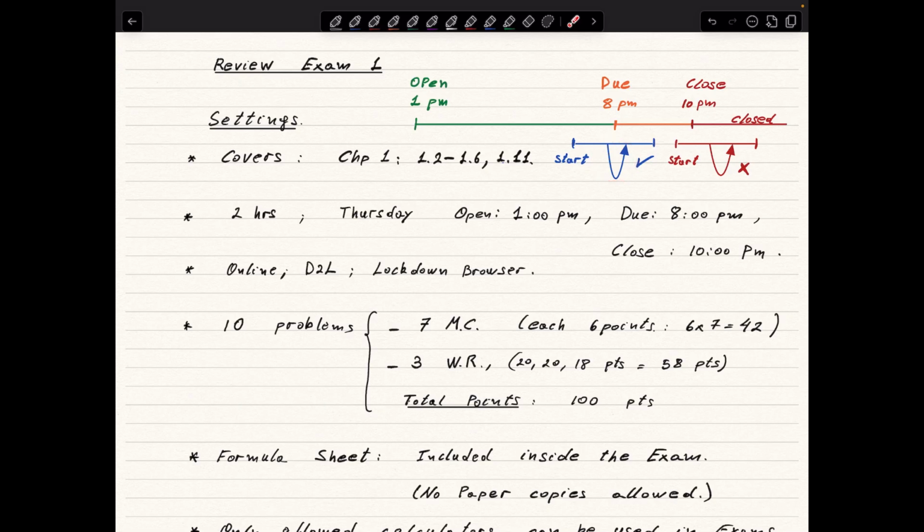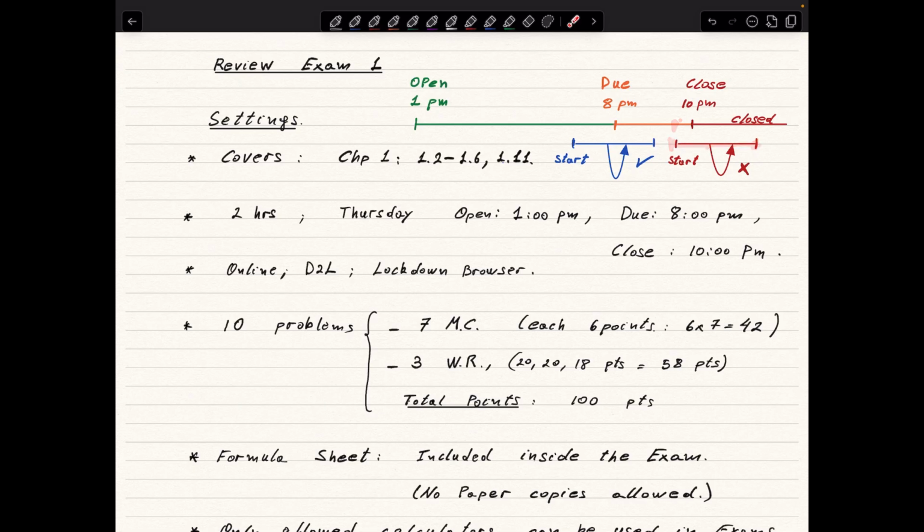But if you start any time after it is due at 8 p.m., suppose you start here at 9 p.m., and the exam is going to be 2 hours long, no problem. You're going to finish after 10 p.m. and it's fine.